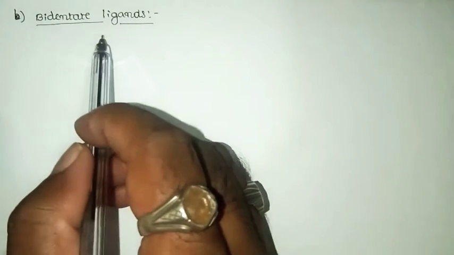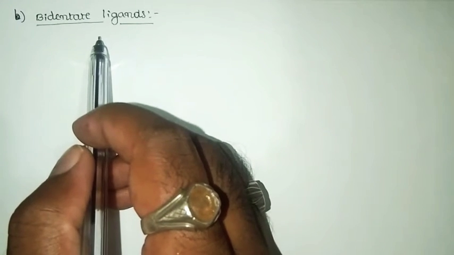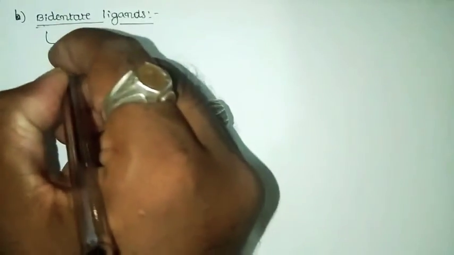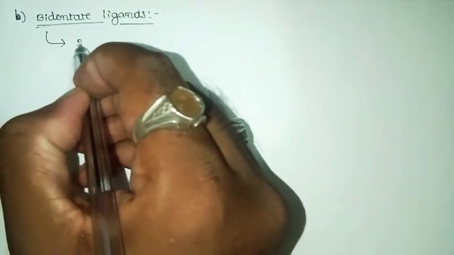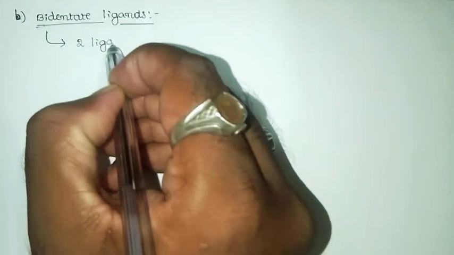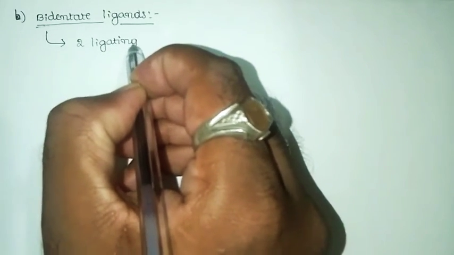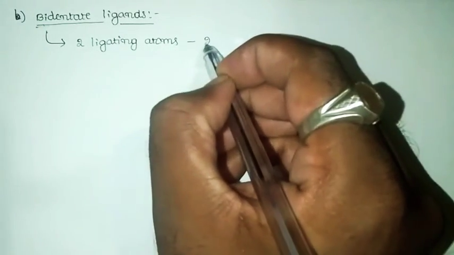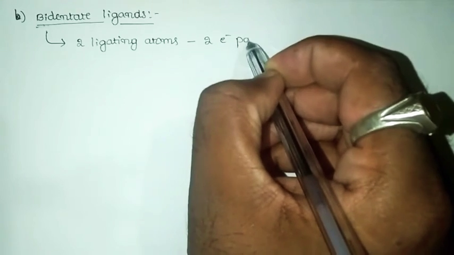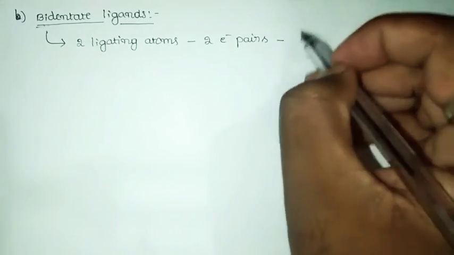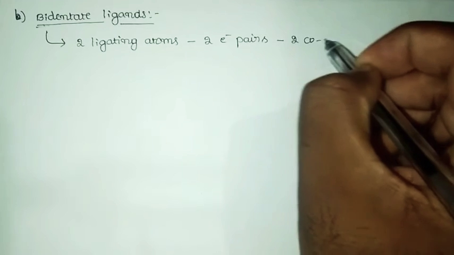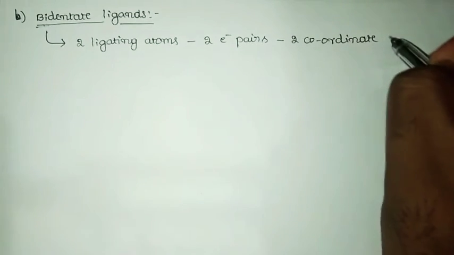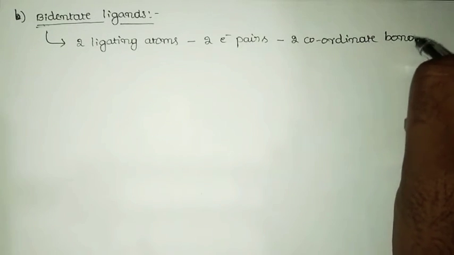And now the second type of ligands are bidentate ligands. The name itself tells you, bi, that these kinds of ligands will have two ligating atoms. Due to the presence of two ligating atoms, these ligands have the capability to donate two electron pairs to the central metal ion so as to form two coordinate bonds with the central metal atom or central metal ion.